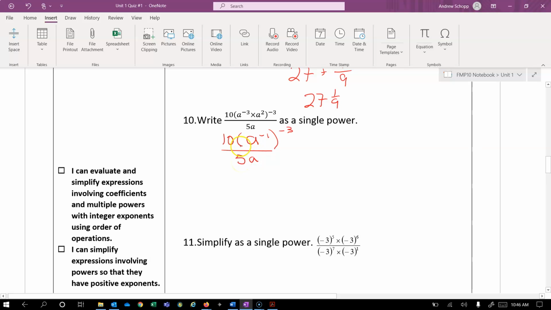Next step, we've simplified now inside the bracket so we can work with the exponents. And if I have a power being raised to a power, a to the power of negative 1 to the power of negative 3, I multiply the exponents, power of a power, so negative 1 times negative 3 is a to the power of 3.